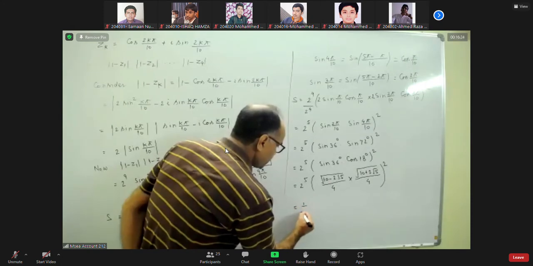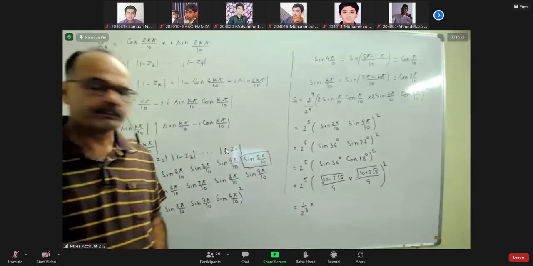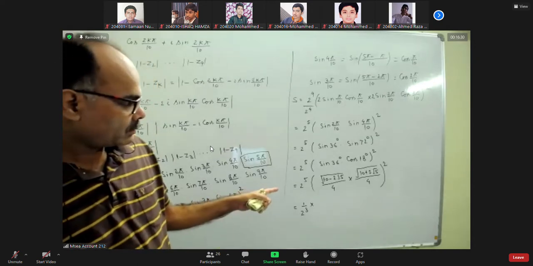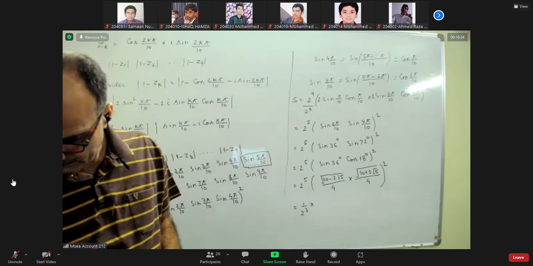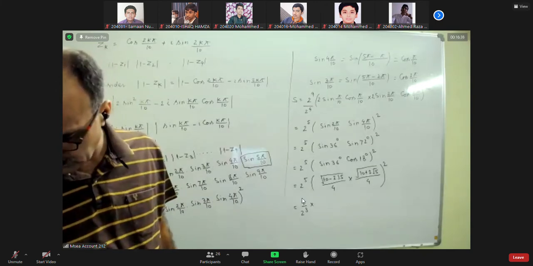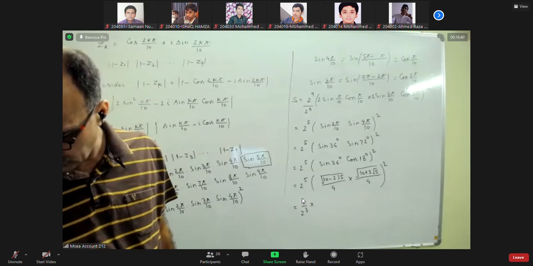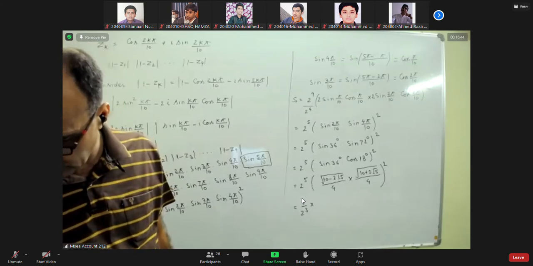1 by 2 cube. Once you check the calculation, this is the same value, no? Sine 36, 10 minus 2 root 5, 2 by 4, cos 36, cos 18, 10 plus 2 root 5 by 4.